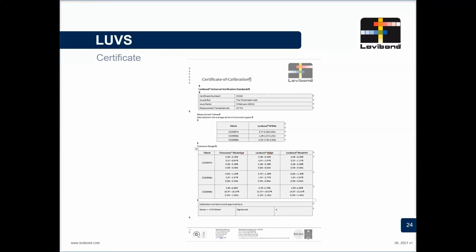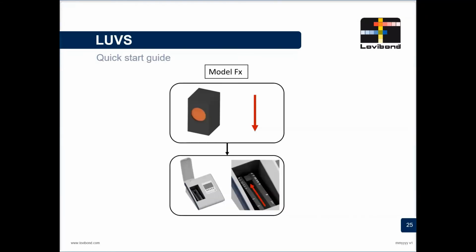So how do we use these filters? There's a quick start guide with them. If we're using them in an electronic instrument, such as the Model FX, we're going to be using them with the label at the bottom, so what you might consider upside down.